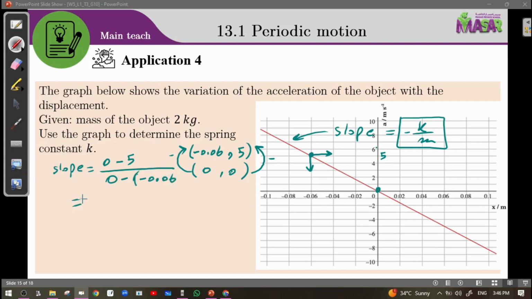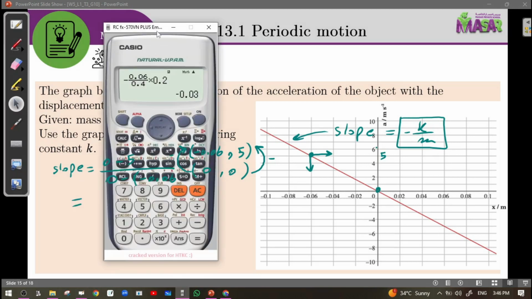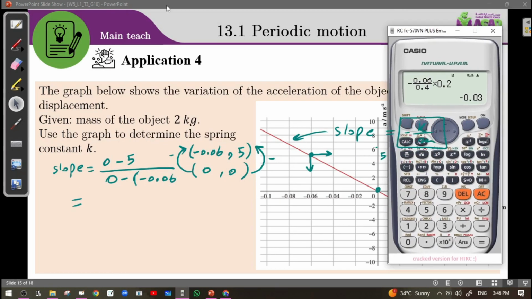So it's equal to, let me use the calculator to find the exact value for the slope. 0 minus 5 over 0 minus minus 0.06.